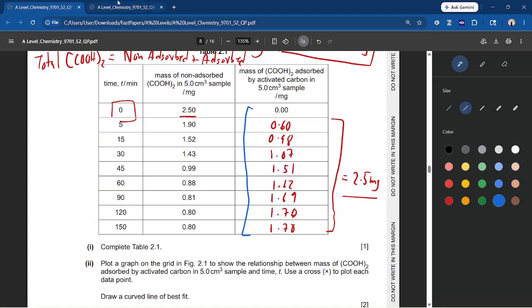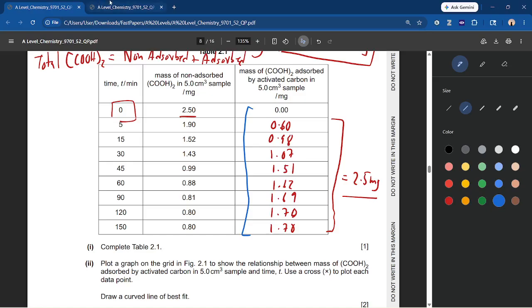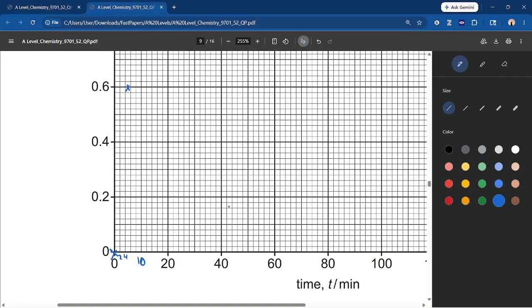So this is 0.2, this is 0.4, and 0.5 is somewhere over here. So this will be that. Next, at 15 minutes, it's 0.98. So 15 minutes sort of comes in the same vein.